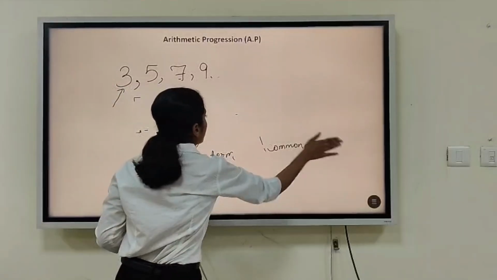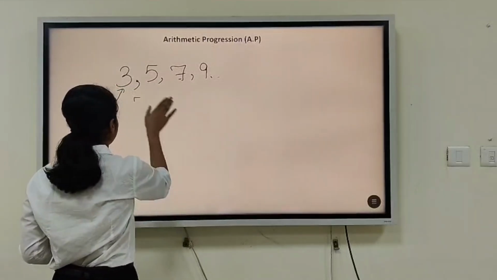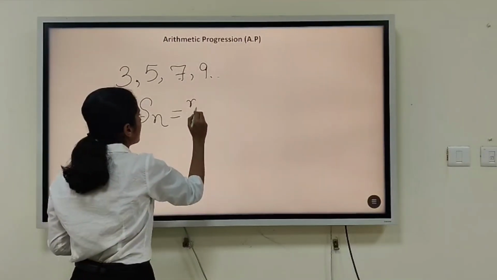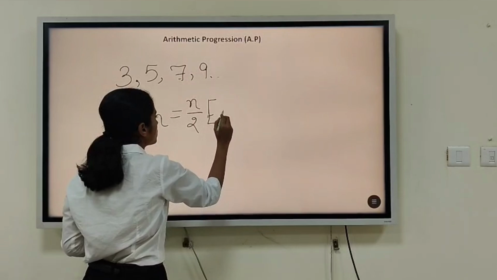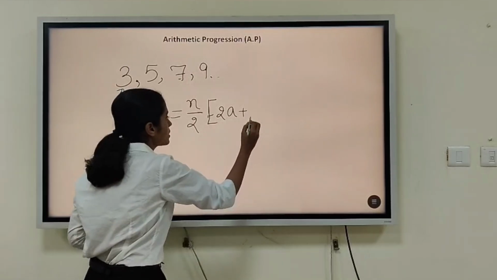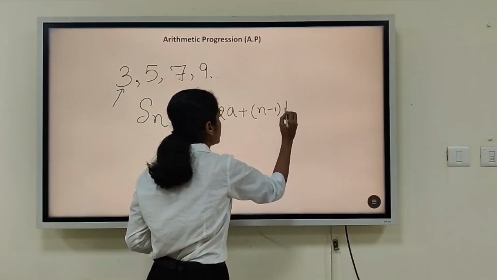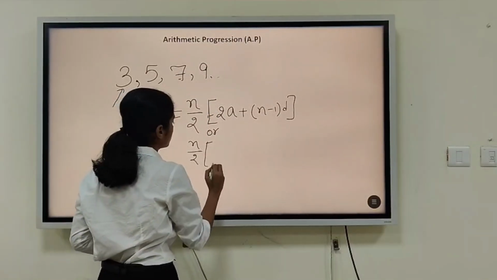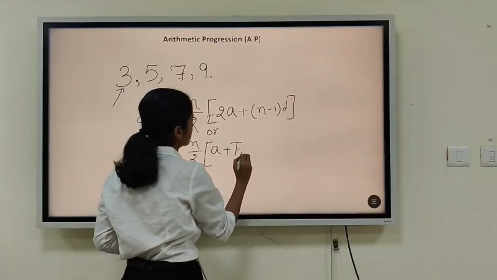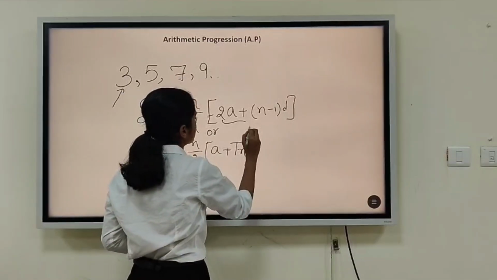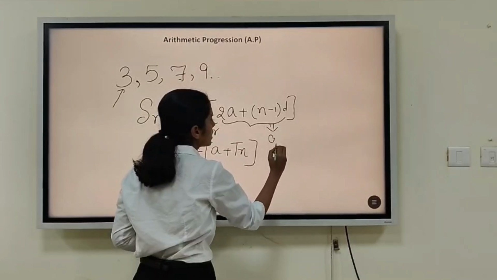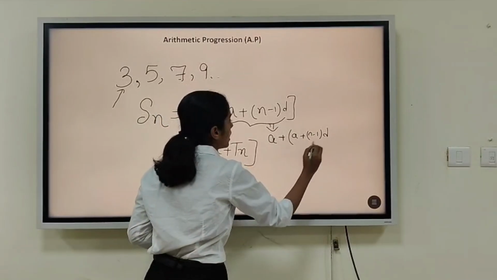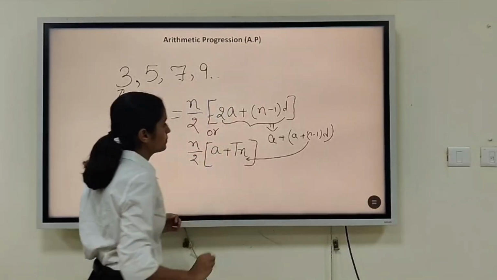For that also we use a formula and we denote it by Sn, which is equal to n by 2 into 2a plus n minus 1 into d, or we can also write it as n by 2 into a plus tn, because we can rewrite a plus n minus 1 into d, and this is nothing but tn only.